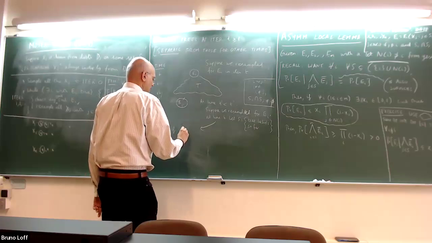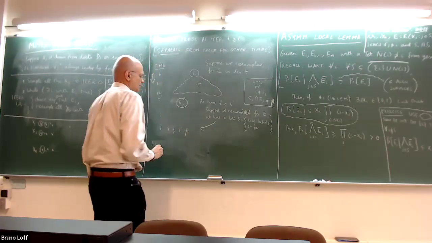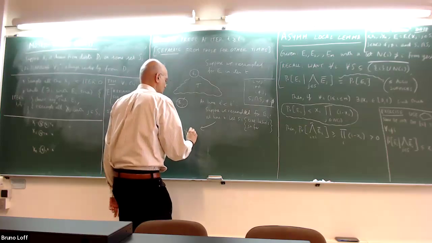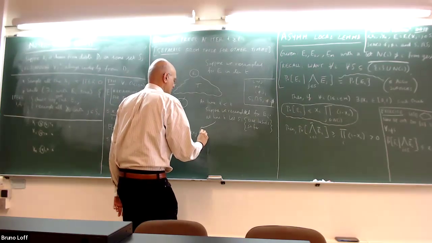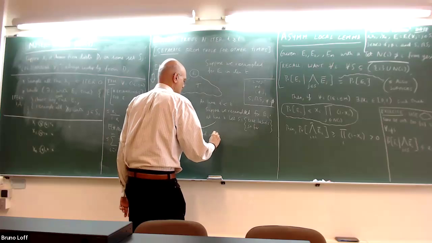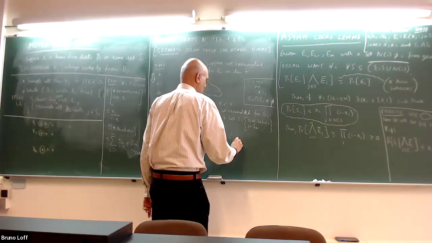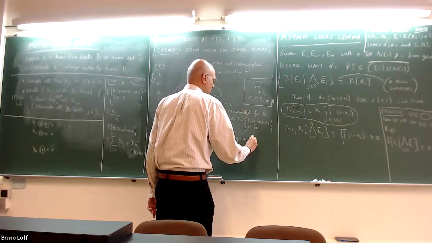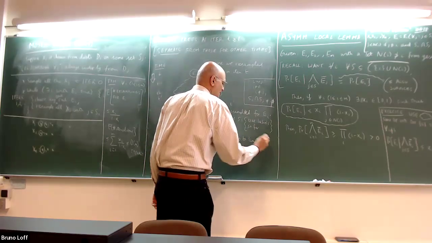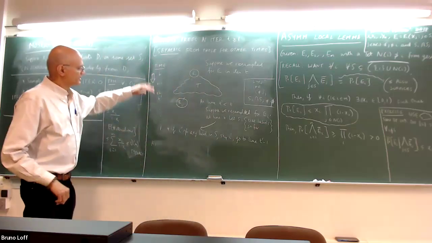If i prime is not adjacent to any label in S, go to the previous time, that's it. So just go to the previous time, you're going back in time, right?